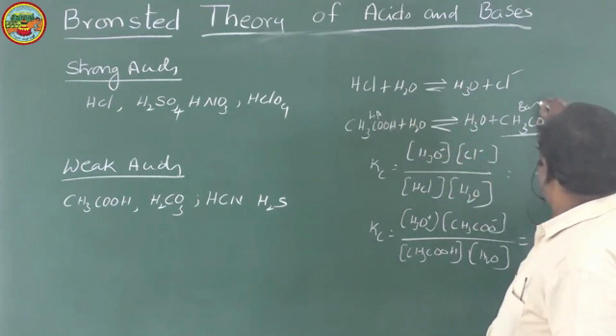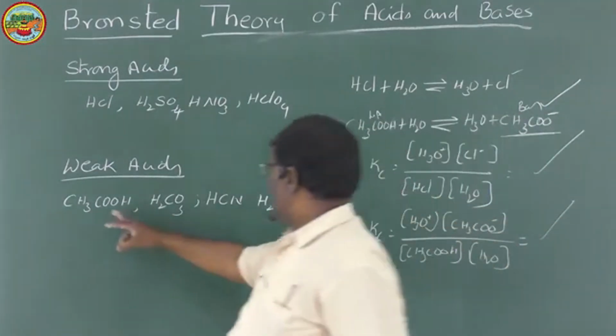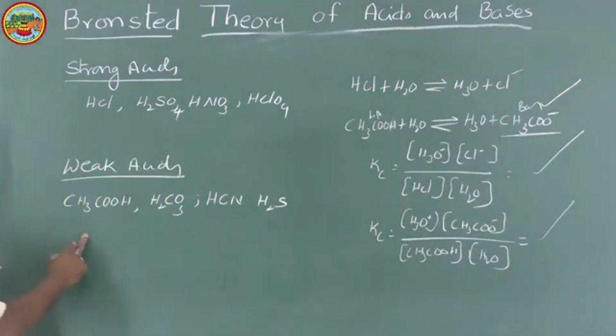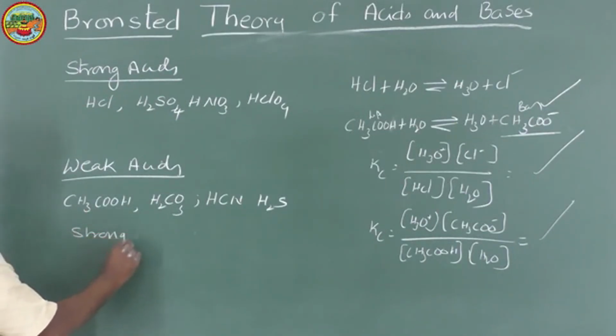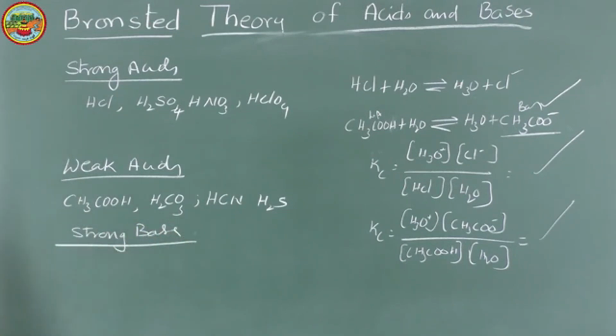So the conjugate base of a weak acid is strong. So all weak acids' conjugate bases are strong bases. Strong base means the species which has more tendency to accept a proton.